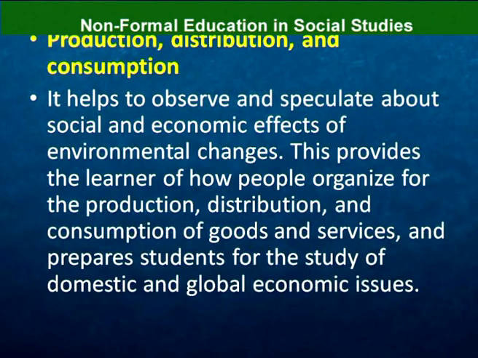Production, distribution and consumption. It helps to observe and speculate about social and economic effects of environmental changes. This provides the learner an understanding of how people organize for the production, distribution and consumption of goods and services.